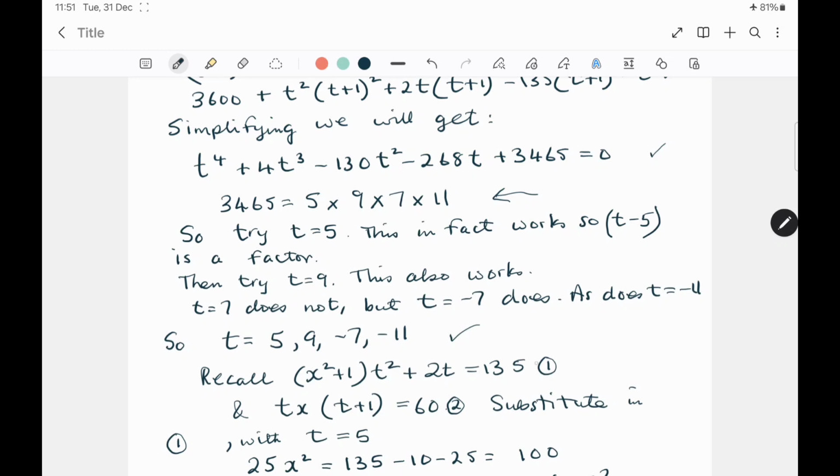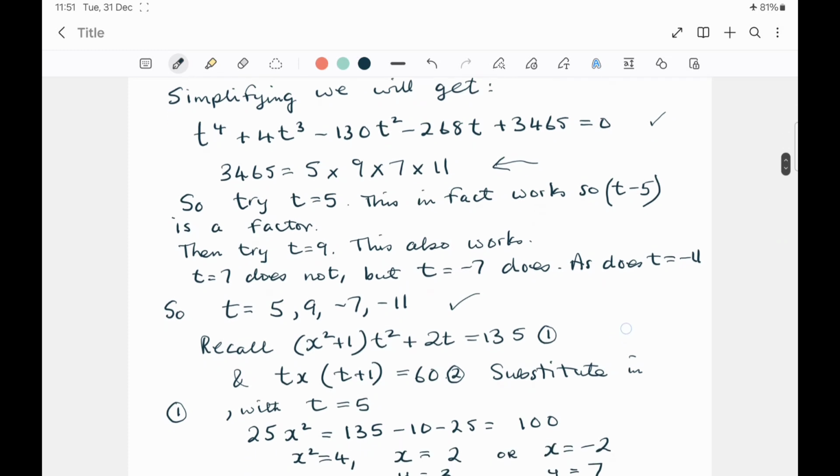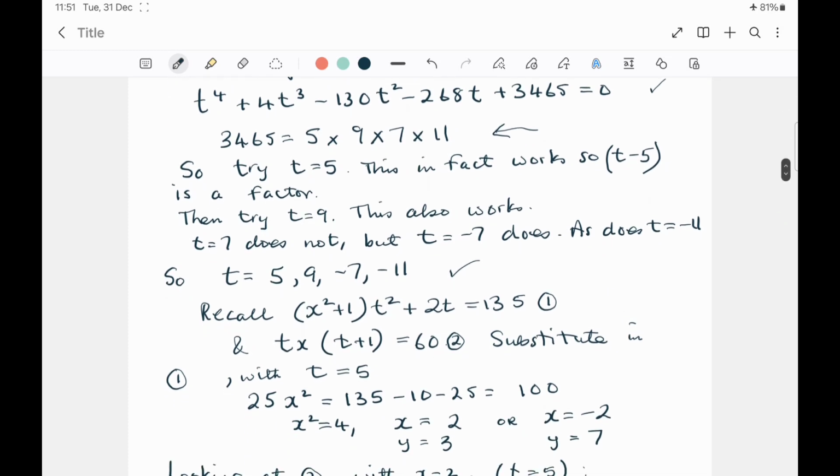Now we'll recall the original equations here, that (x squared plus 1) t squared plus 2t is 135, and tx times (t plus 1) equals 60. Now substitute back into that with t equal to 5, and we will get 25x squared equals 135 minus 10 minus 25, which comes to 100.